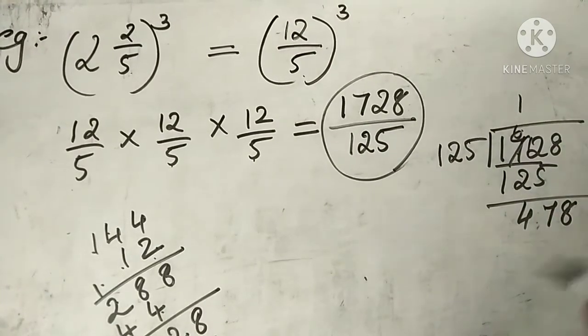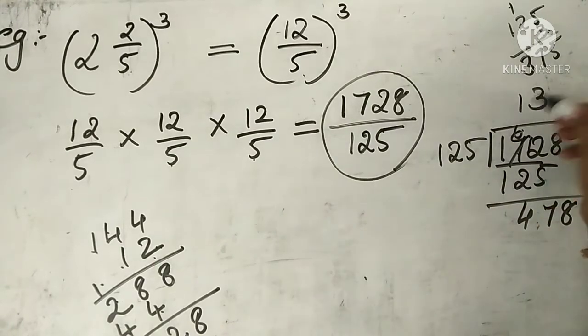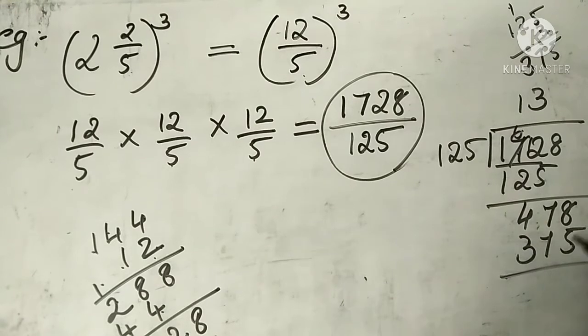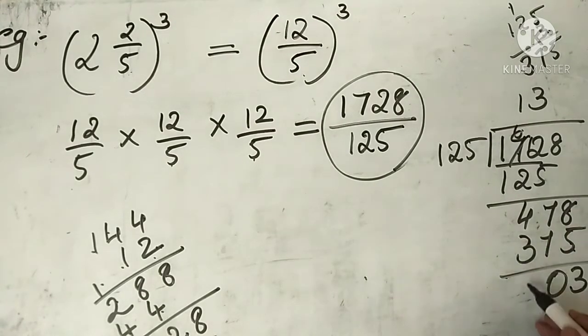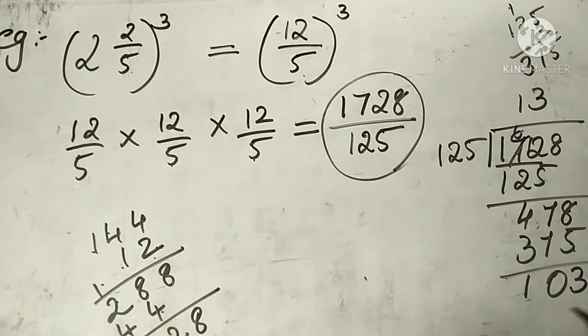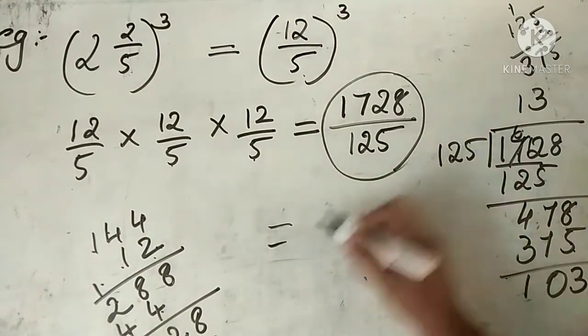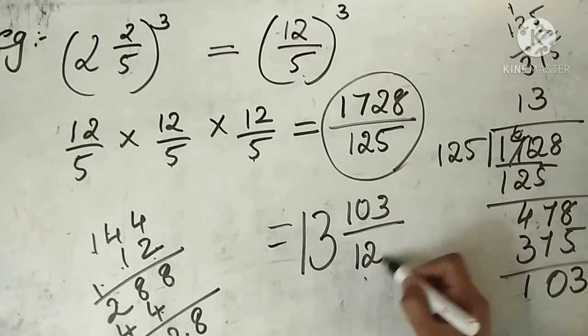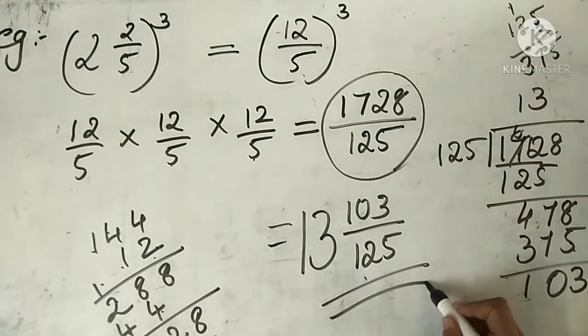Take 8 down. How many times? 3 times, 375. Balance 8 minus 5, 3, 0. 4 minus 3, 1. So we can write this as 13 by 125... 103 by 125 is the answer.